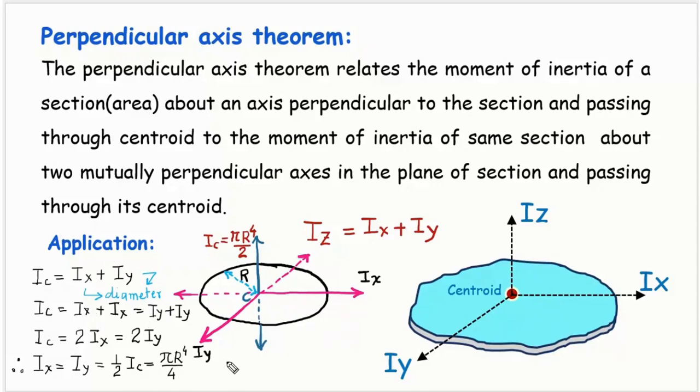I can write that the moment of inertia of a circular section about its diameter is nothing but pi times radius of the circular section raised to 4 divided by 4. So this way you can find out the moment of inertia of a circular section about its diameter.